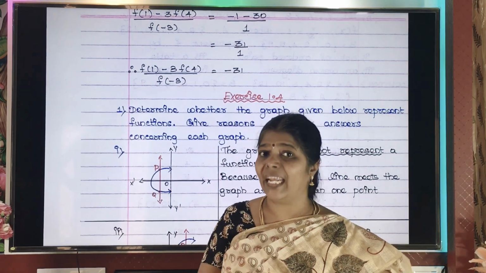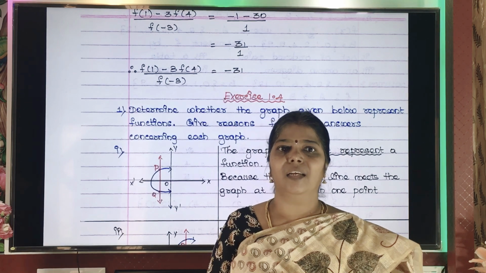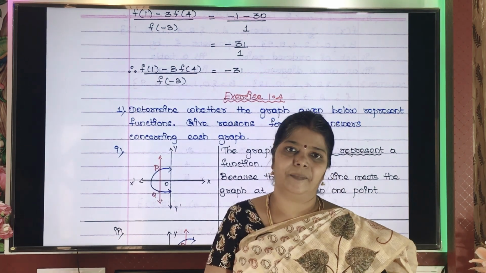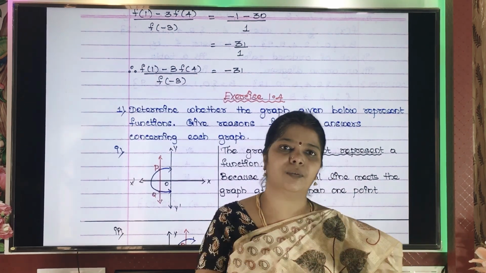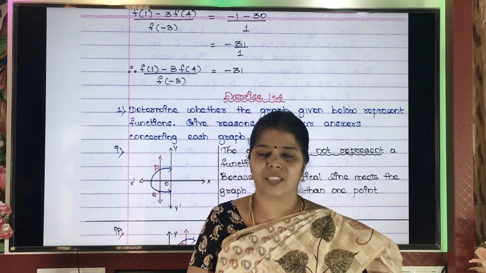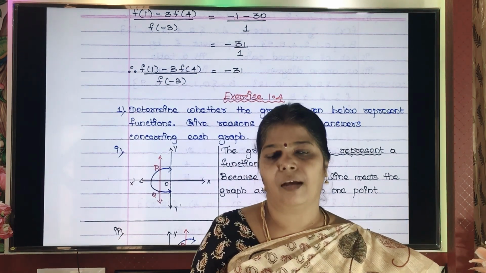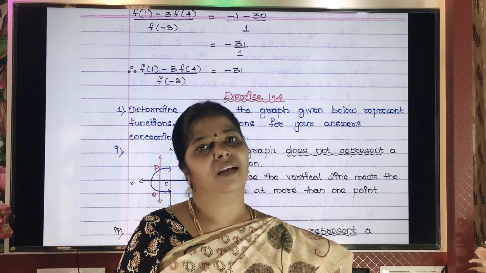Depending upon the question they ask, you will choose the interval first. So according to the interval, you will choose the function and do the calculation. Hope you have understood and learned well.